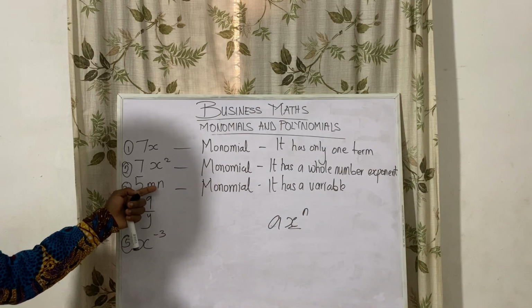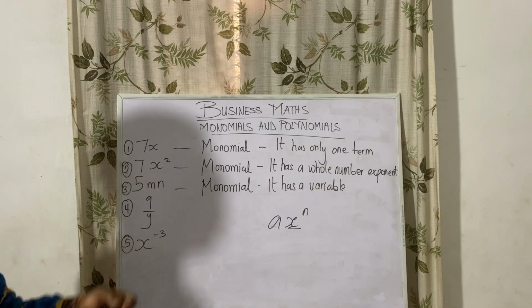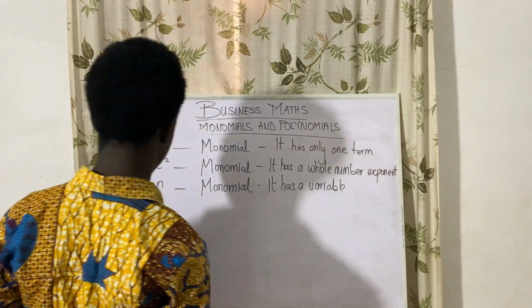So here the 5 becomes our coefficient and mn becomes our variables. Right.